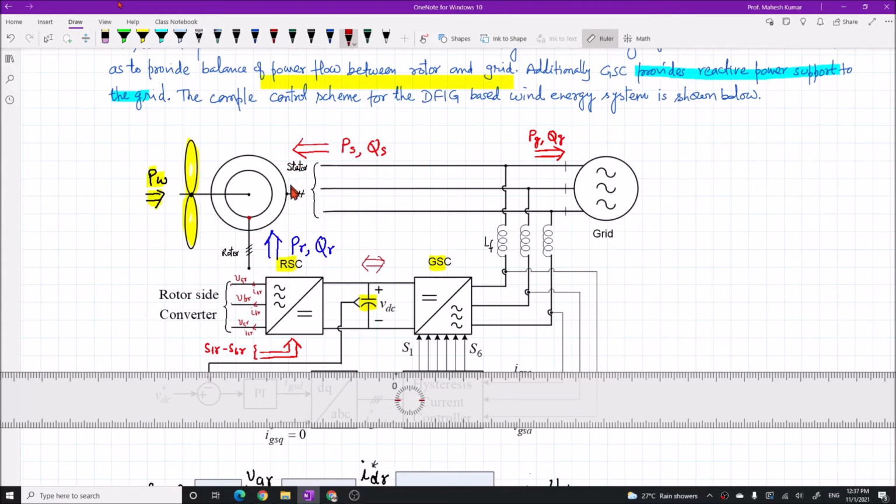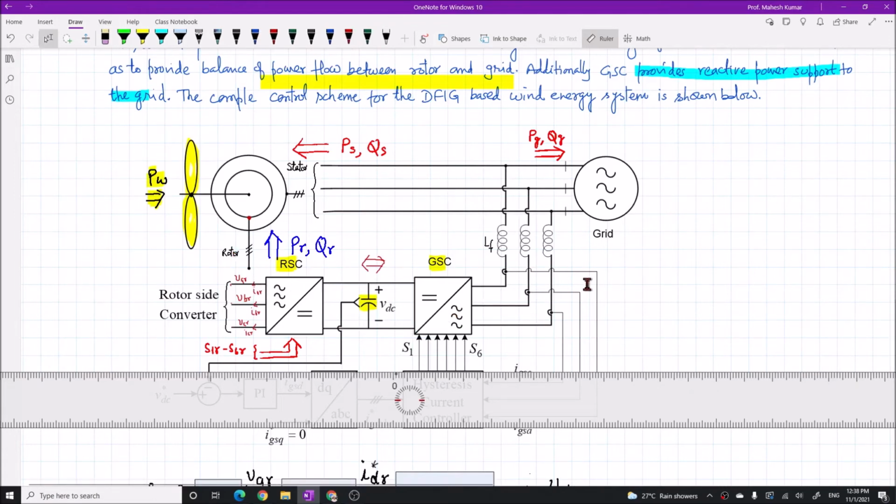And the stator side powers are PS and QS. The wind side power is PW or P wind. Okay, the grid side power is PG and QG. And this is the rotor power which flows from this to this through the grid side converter and the rotor side converter.